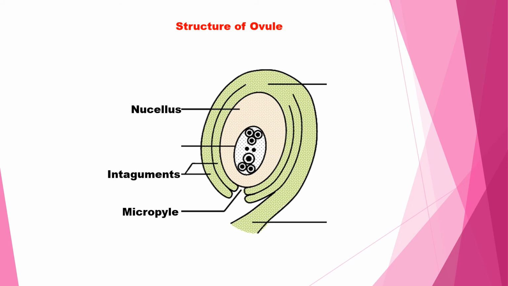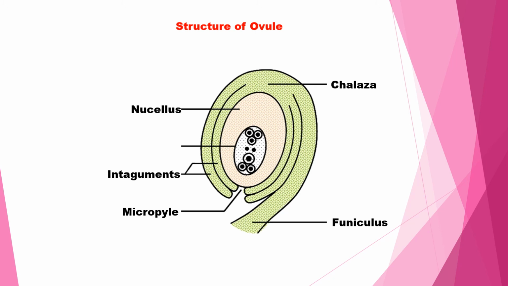Then the funiculus attaches the ovule with the ovary. Next is chalaza. This is the basal part of the ovule.